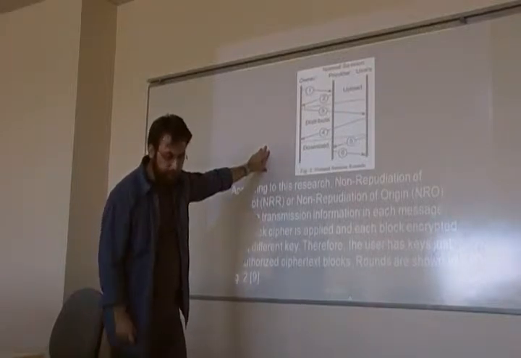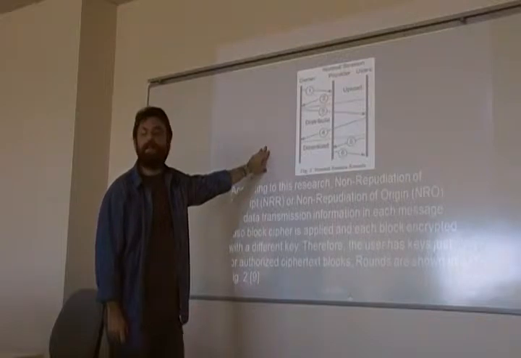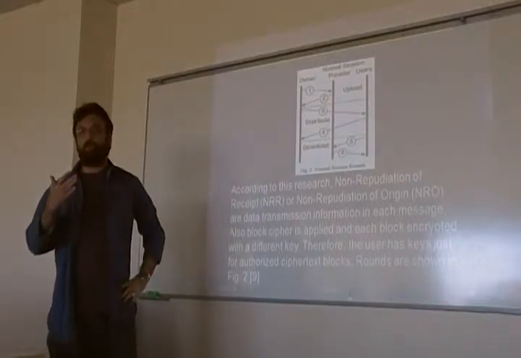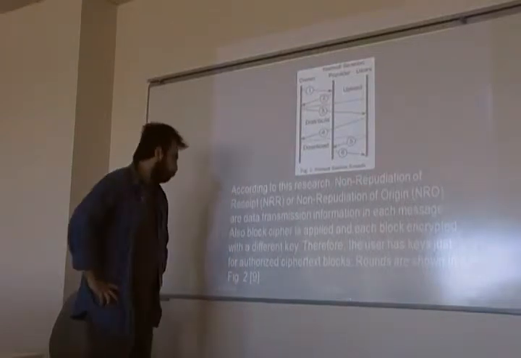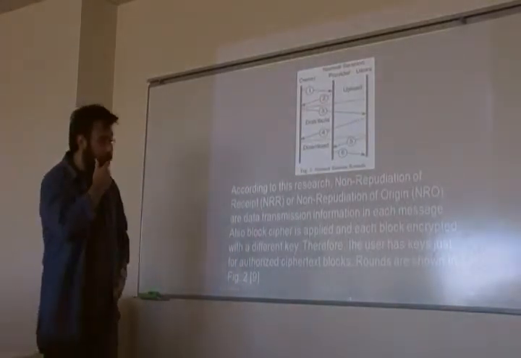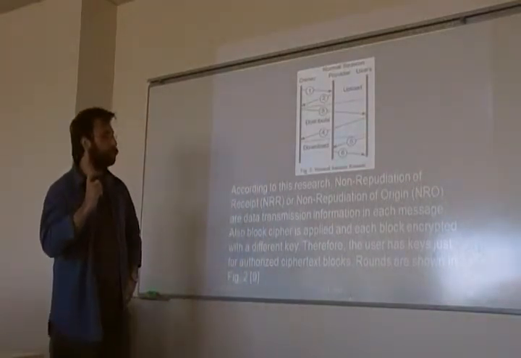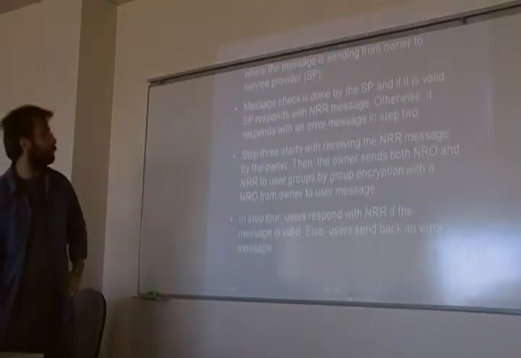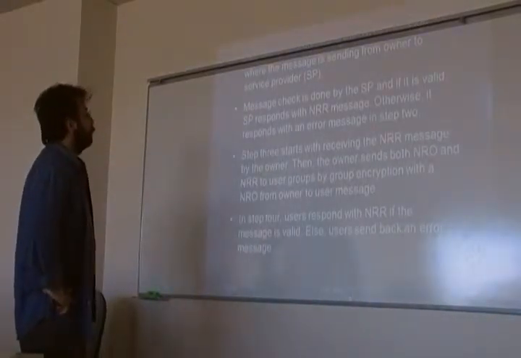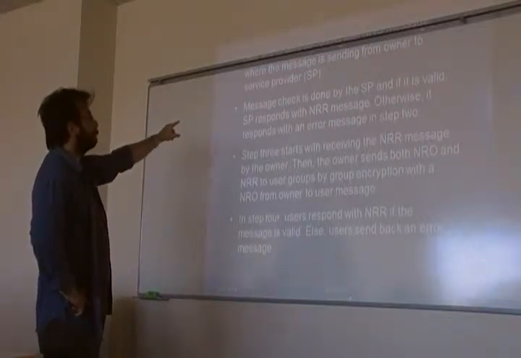Non-repudiation means you cannot deceive, you cannot deny it comes from you. And also this technique, block cipher, is used, and for each block cipher you use different keys, and that's another important point.